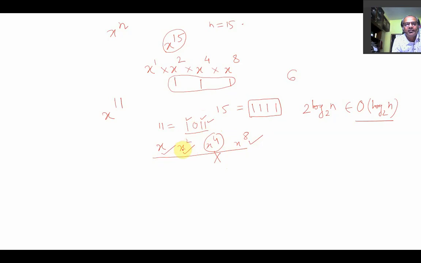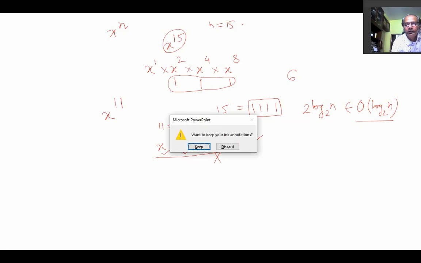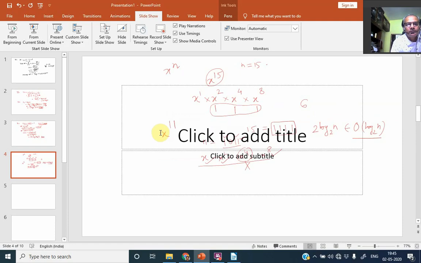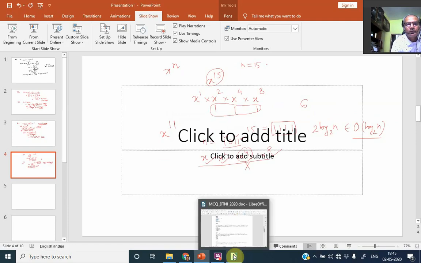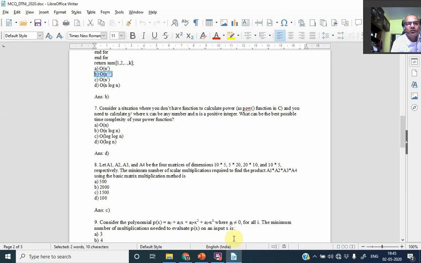So multiply x power 8, x square and x. So at most the number of multiplications will be log n, but for finding the powers, log n steps must be needed. So this can be the upper bound. Clear? So this is the method for finding x power n without using the power function. Right?